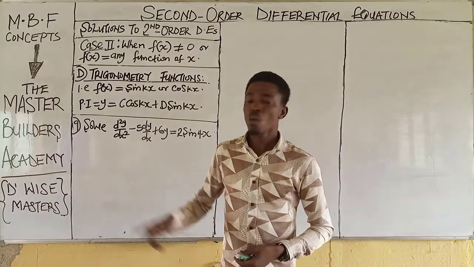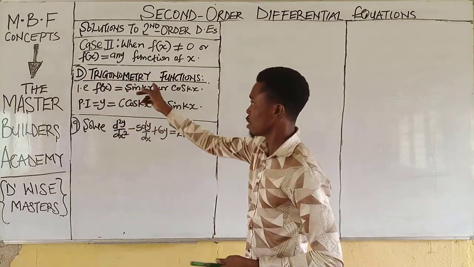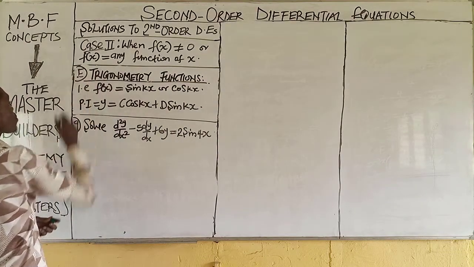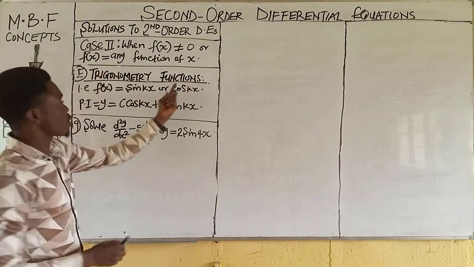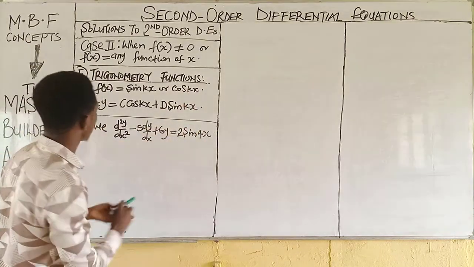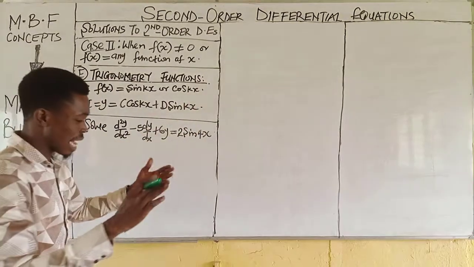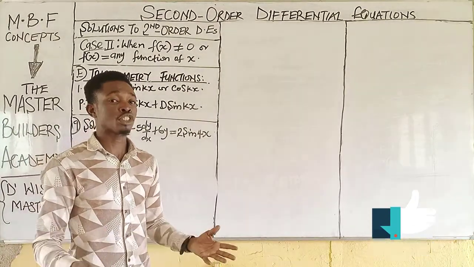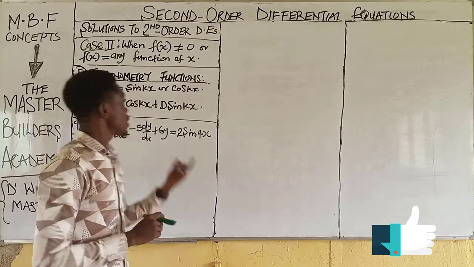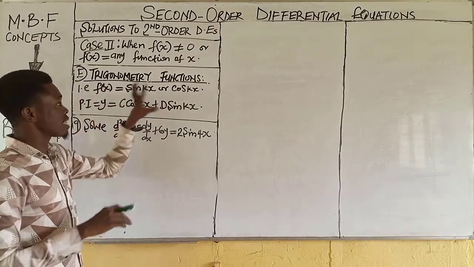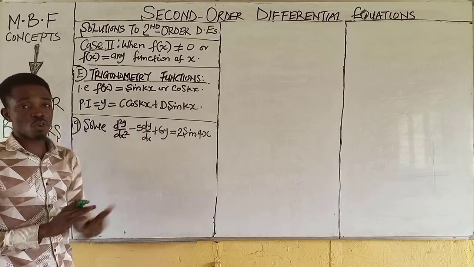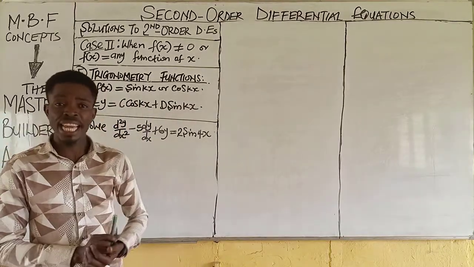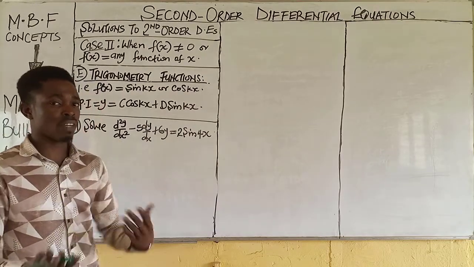Now we have the trig function, and this happens to be option E. Now, trigonometric functions. For trigonometric functions, we have so many functions, but here we are limited to sine x and cos x. Sine functions and cosine functions. Now, if f of x is equal to sine kx or cos kx, where k is the coefficient of x.